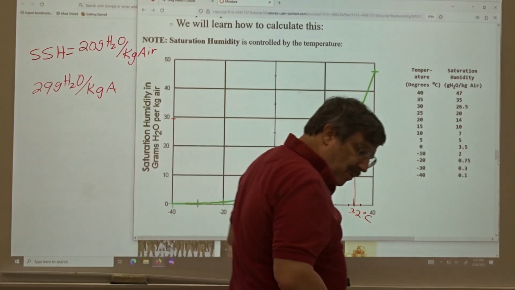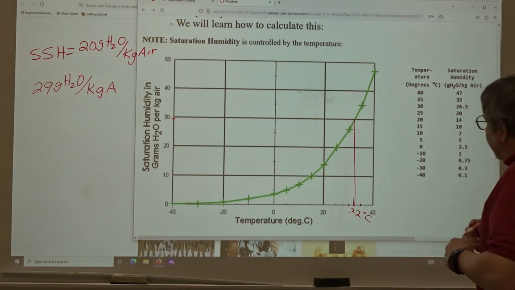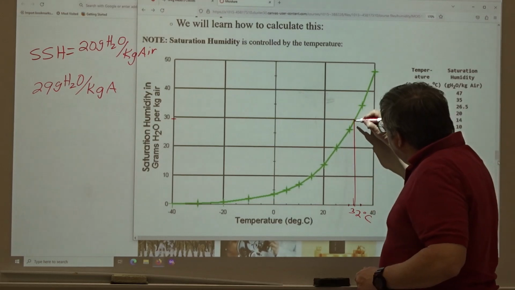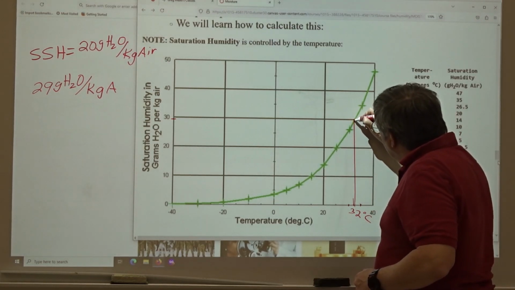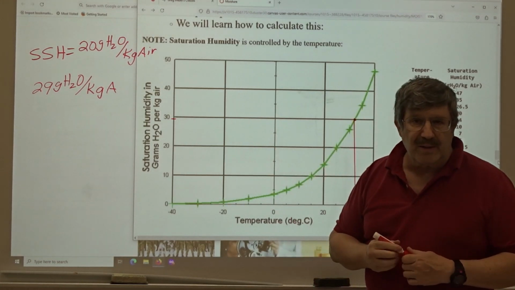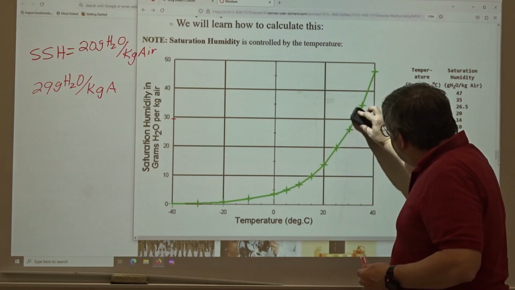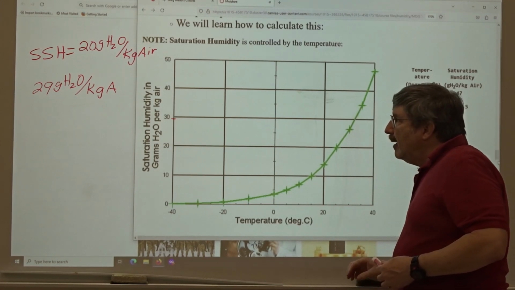If it's not right on one of the values of an even 5 degrees, you'll have to estimate. And there's nothing wrong with that. Do the best you can when you make that estimate. Get the best measurement you can for the value that you're dealing with. This right here, if it was there, it would be 30 degrees Celsius. Okay? So that's how you're going to make those estimates.